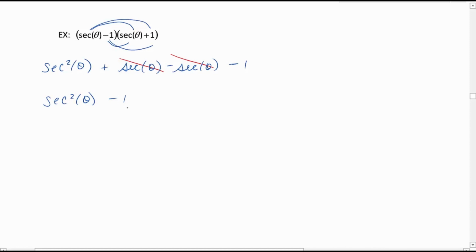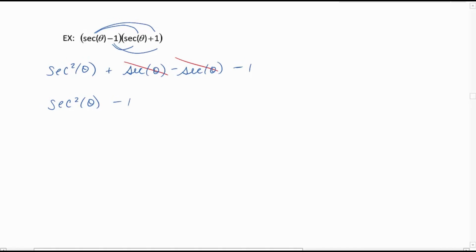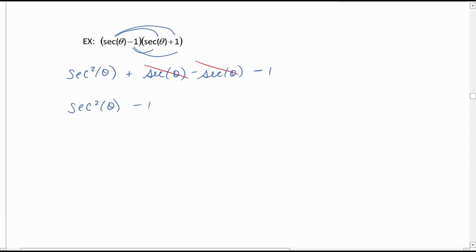And then from here, we have 2 options as well. I like to show you both, so whichever one your brain feels more comfortable with, that's the route I want you to take. So the first thing we could do is jump to rewriting secant in terms of cosine. Secant squared is going to be 1 over cosine squared.